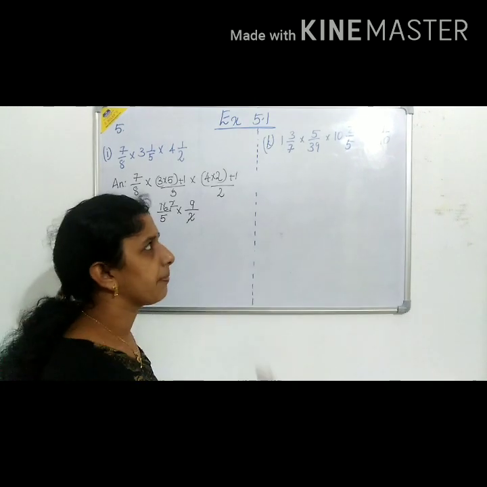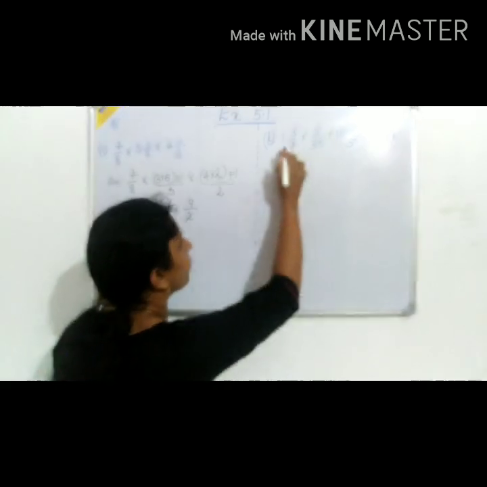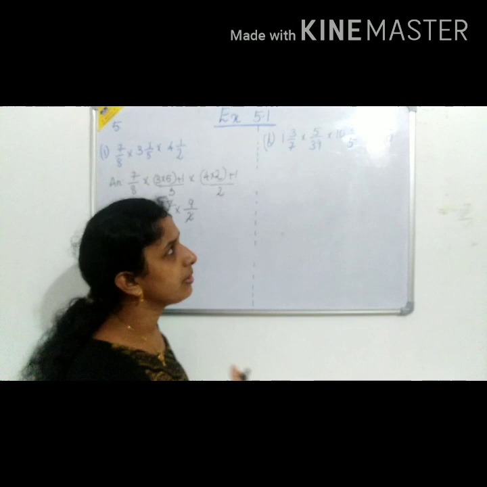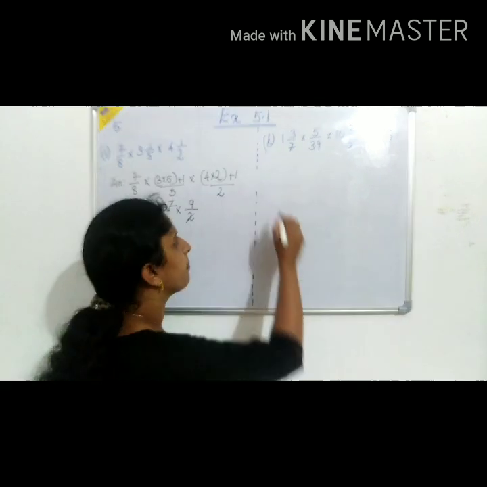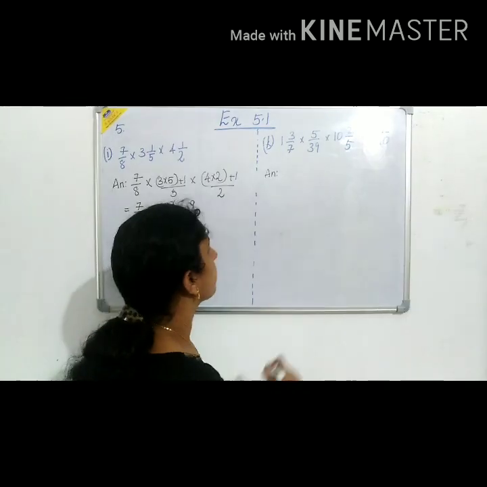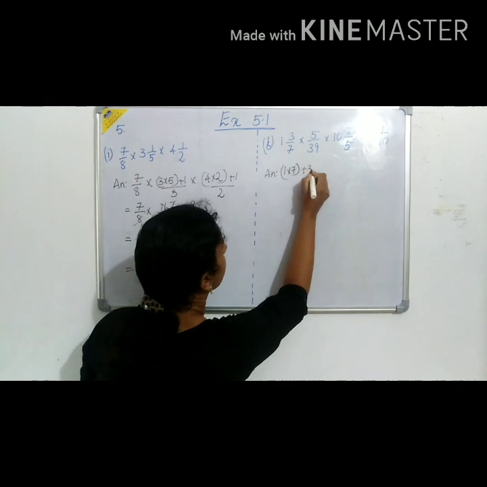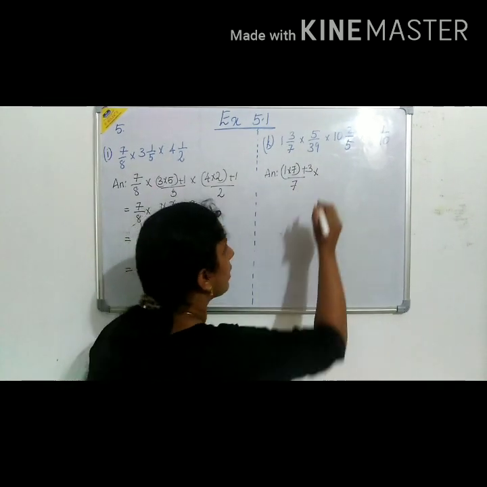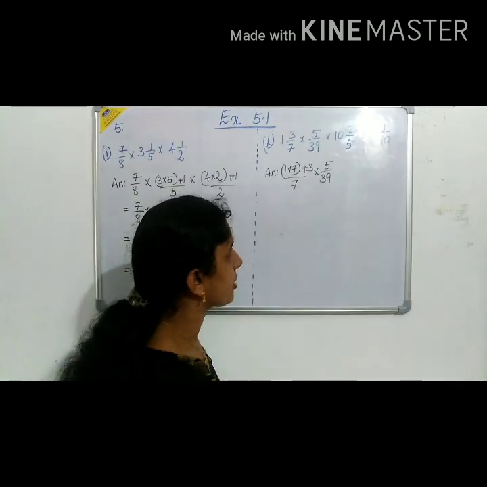Question number K. In question number K there are 4 fractions. They are 1 3 by 7 into 5 by 39 into 10 2 by 5 into 2 1 by 10. Each fraction we can convert. 1 into 7 plus 3 by 7 into, here no need of converting, it is 5 by 39 because already it is in proper fraction.